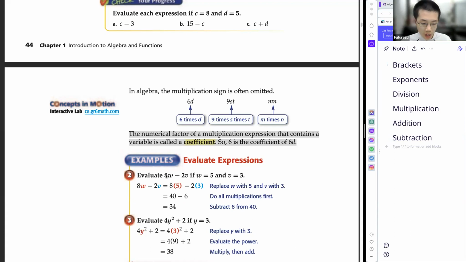So let's try some examples. William, can you tell me what is the coefficient of 8W?